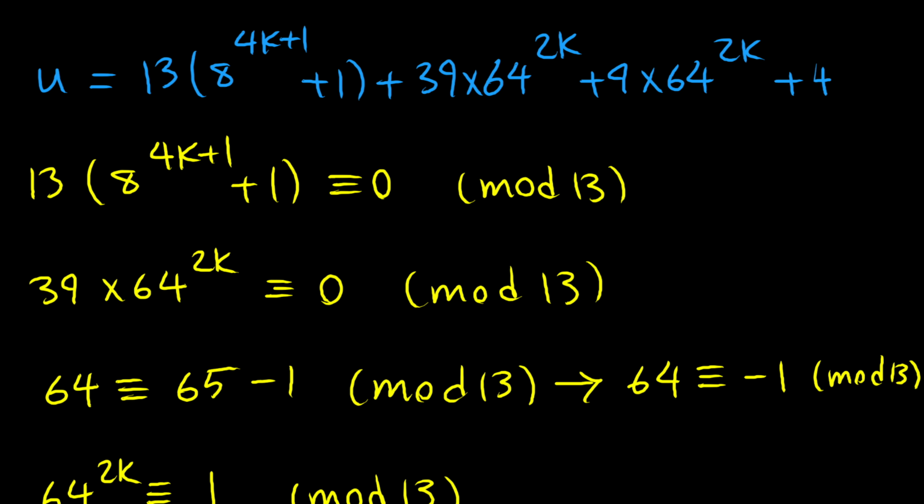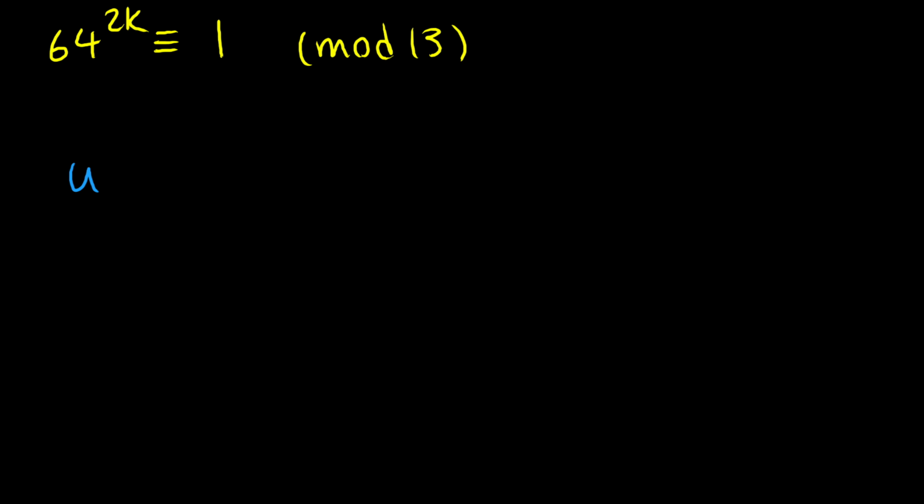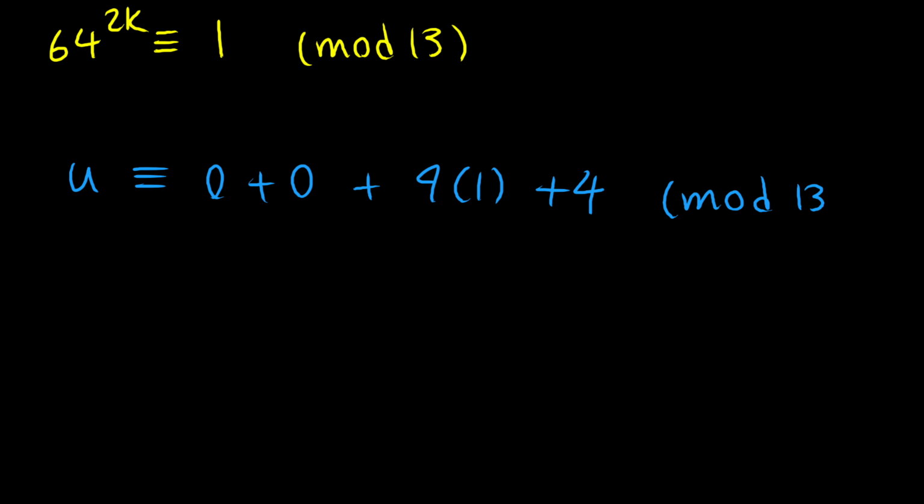So let's go ahead and replace this and this with 0 and replace this one with positive 1. So I can say that u is congruent to 0 plus 0 plus 9 times 1 plus 4 mod 13.